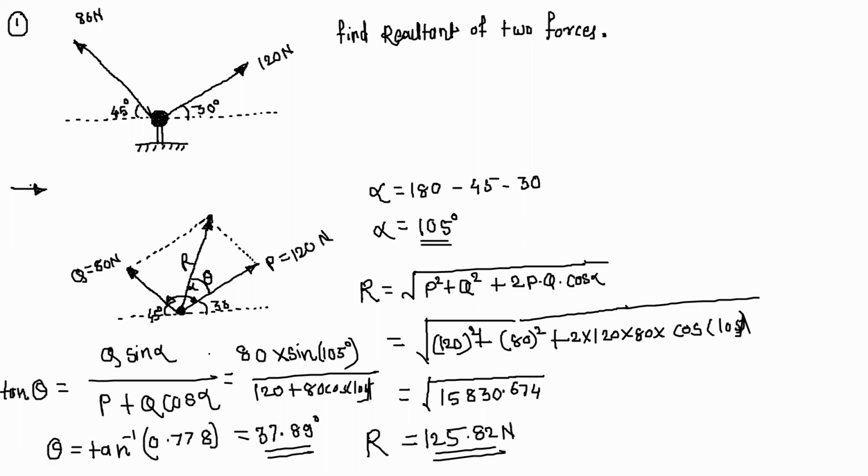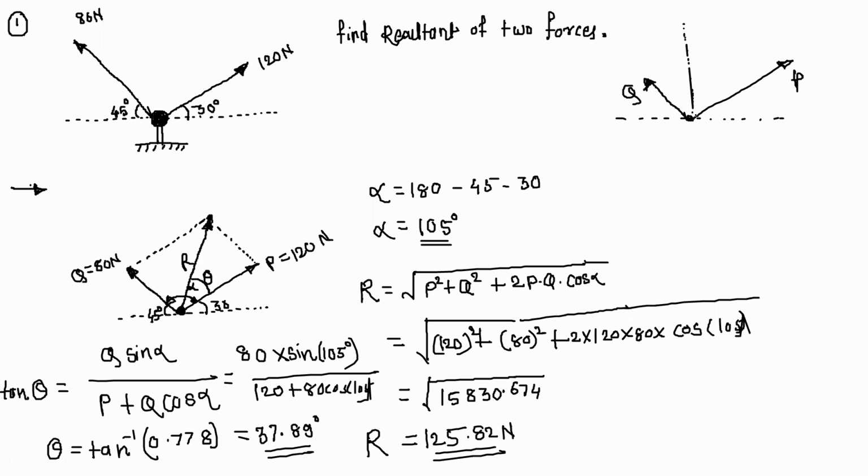So we can represent this theta in this diagram. This is your horizontal axis. This is that point. This is 120, this is 80. That is the Q force. This is the P force.